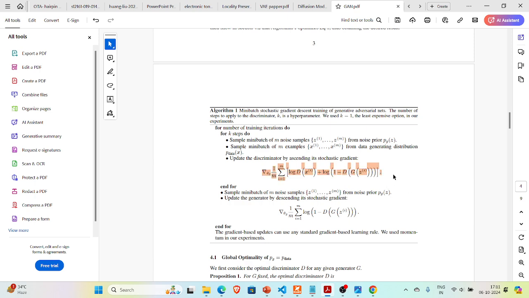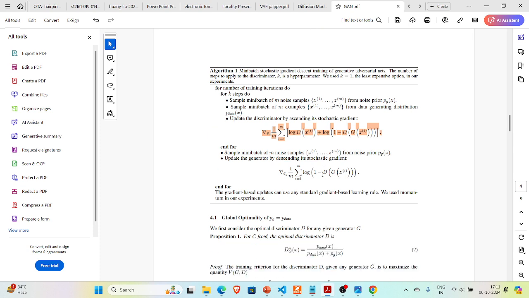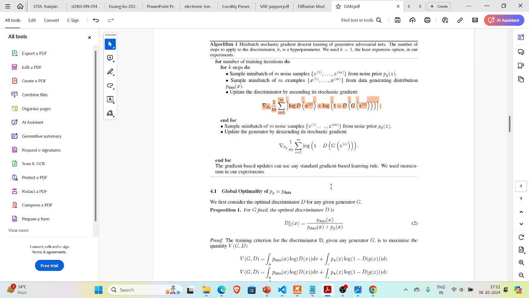This is the cost function here, as you can see. The for loop ends here for many batches, and then we sample a mini-batch of m noise samples from the noise prior and update the generator by descending its stochastic gradient. So one we are maximizing, ascending, and this one minimizing. That is the difference here.